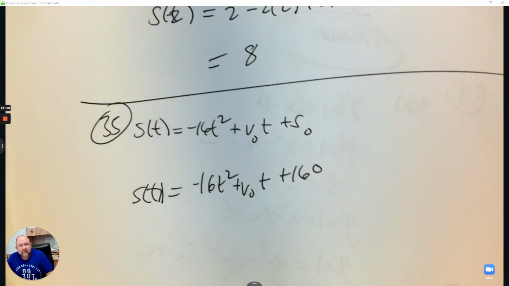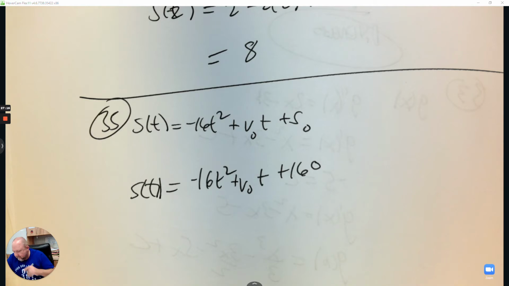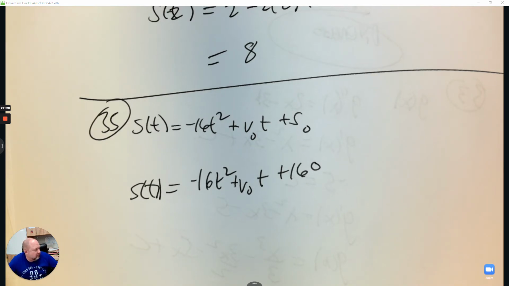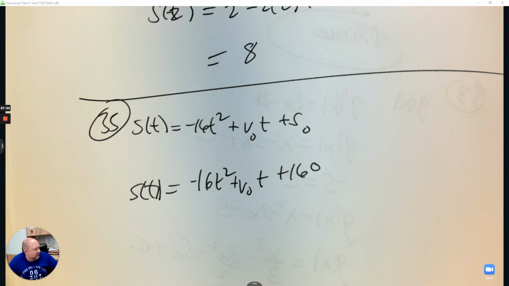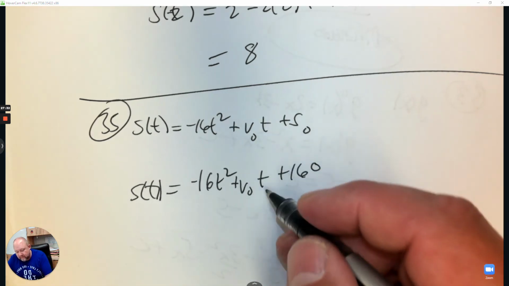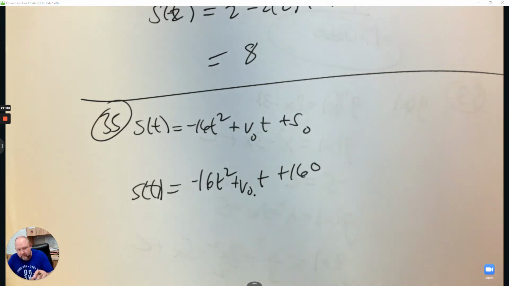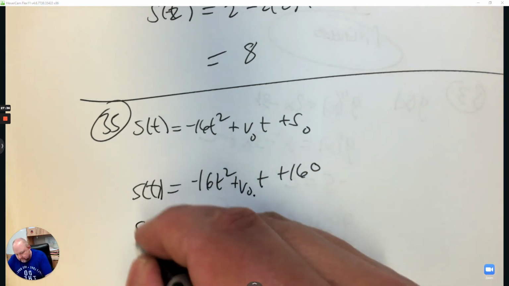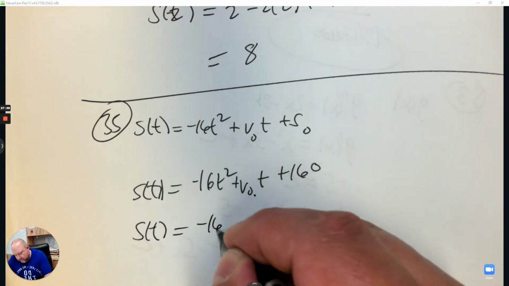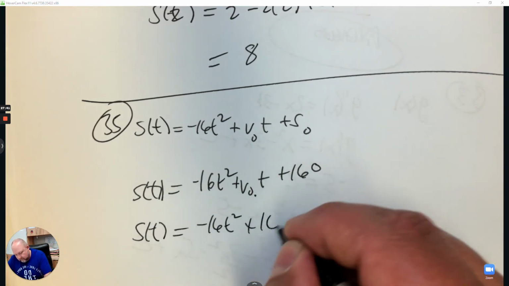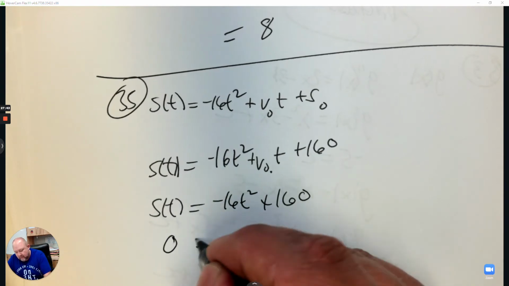It will hit the water when the position is equal to 0. You can take the derivative of that. Because you're dropping the ball, the initial velocity is 0. And then you make it equal to 0 and solve it.